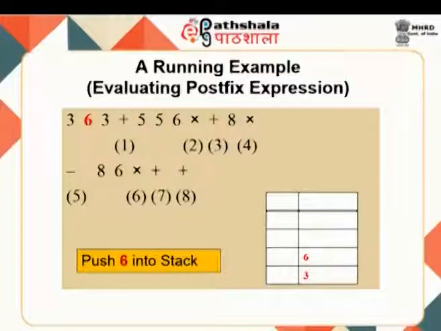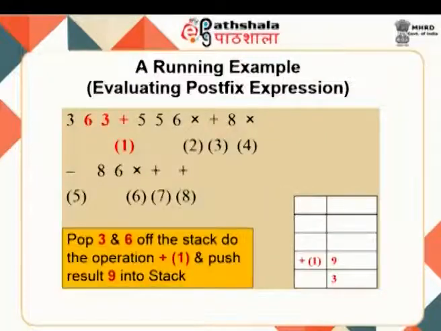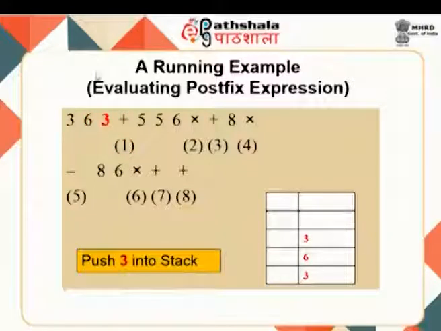Next also you see an operand, push it onto the stack. Now, next what you see is an operator. When you see the operator, you have to pop the top two elements because it is a binary operator. You have to remove those two elements, do the operation and push the result back onto the stack.